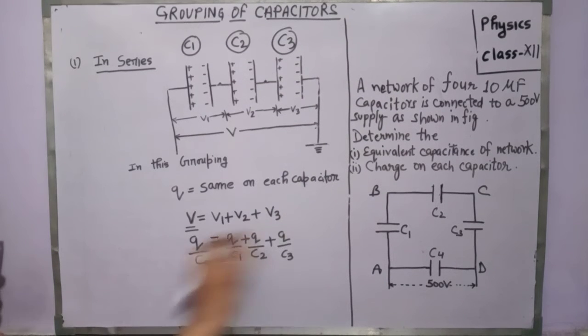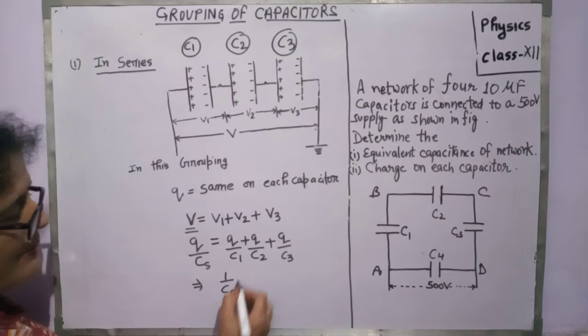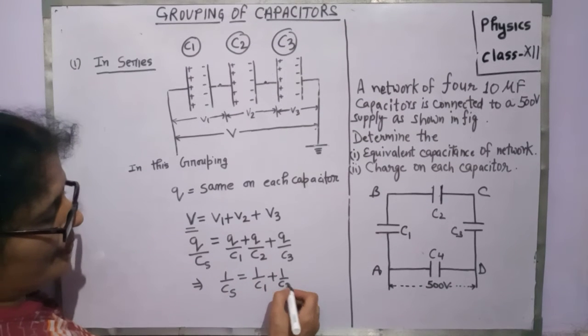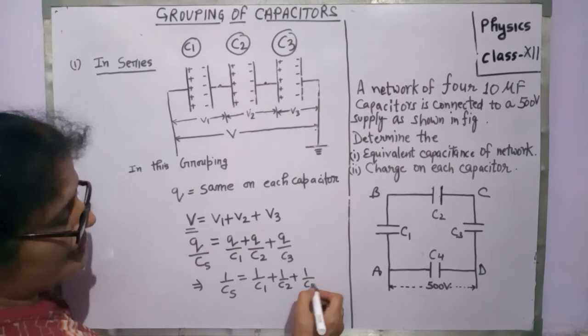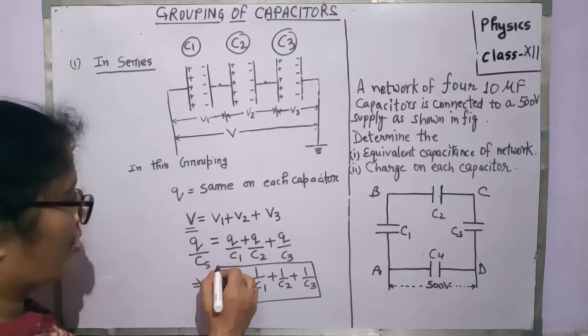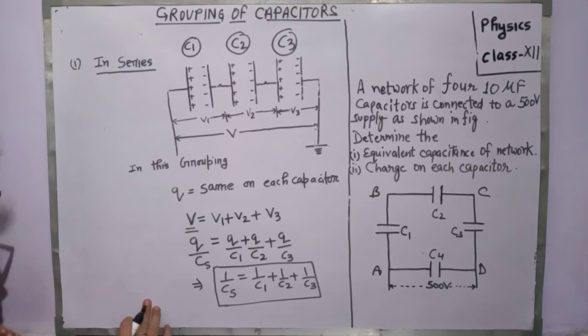Now Q cancels out from both sides and we get 1 upon CS is equal to 1 upon C1 plus 1 upon C2 plus 1 upon C3. This is the formula for the capacitors when they are connected in series.